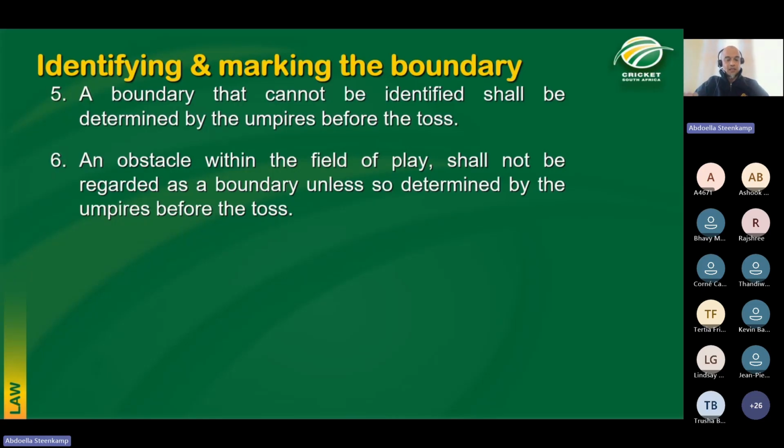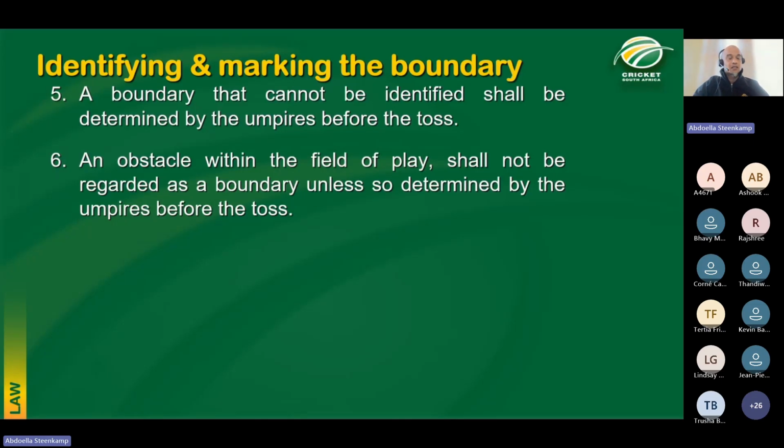You'll often find on school grounds where sporting codes, say soccer, rugby, and cricket, share one field, that you'll sometimes find rugby poles or soccer poles inside the field of play. So how do you determine the boundary then?